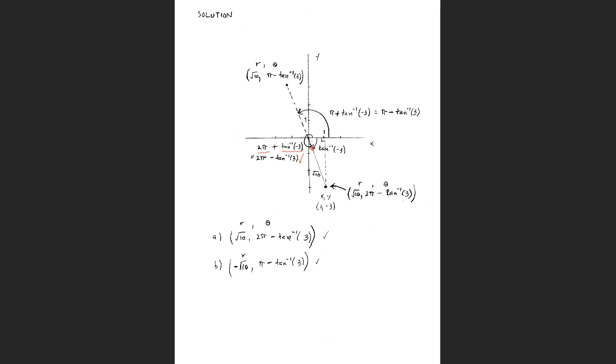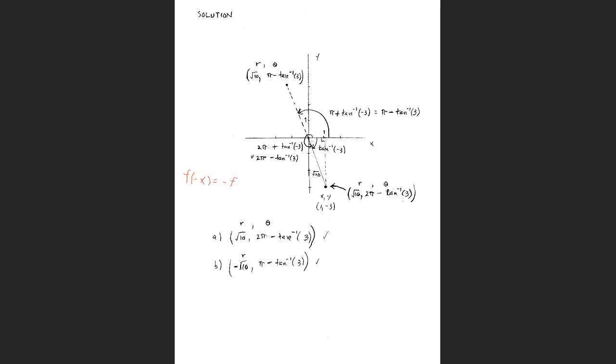An odd function is when you have f of -x, and that equals -f of x.